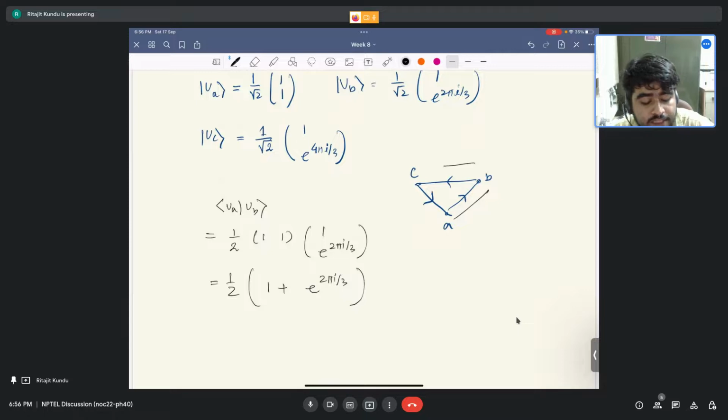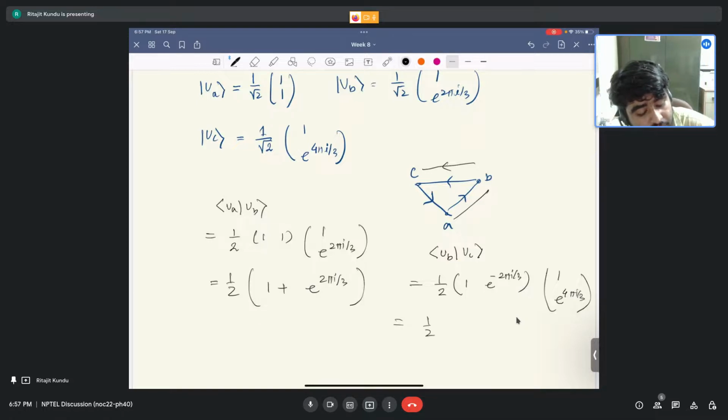Now you have to calculate B to C, so we calculate UB and UC. This becomes 1 by 2 times (1, e to the power minus 2 pi i by 3) and (1, e to the power 4 pi i by 3). If you do that, you get 1 plus e to the power 2 pi i by 3.